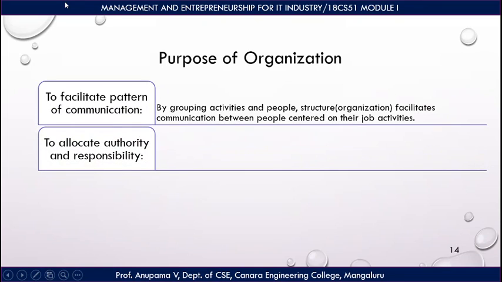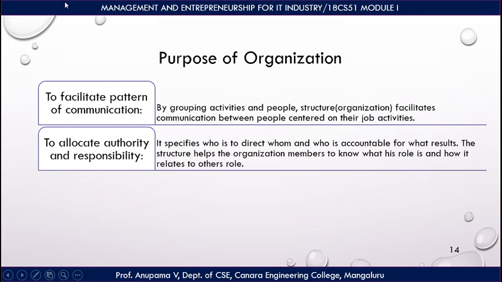To allocate authority and responsibility is the next purpose of organization. It specifies who is to direct whom and who is accountable for what result. The structure helps the organization members to know what their role is and how it relates to the other roles.